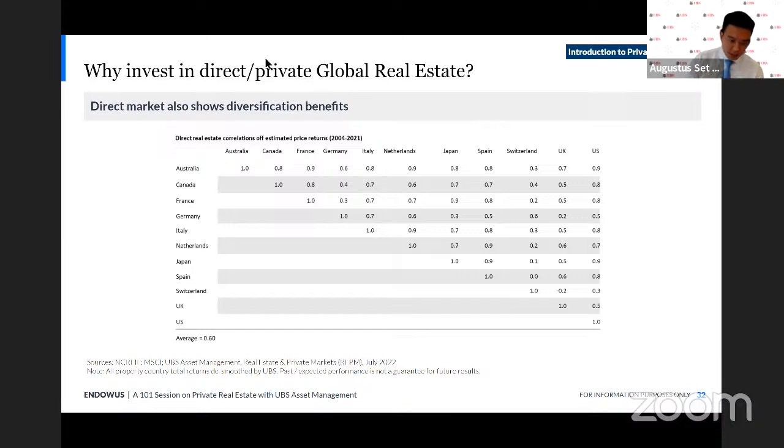So warehouse logistics did well versus, let's say, retail, which would have really suffered because people aren't visiting shops physically over the pandemic, with circuit breaker and lockdowns, and hotels suffered as well. I think that tells a good diversification story and makes a good case to at least consider going global and to get diversification across different types of real estate sectors and subsectors, but also across the different countries.